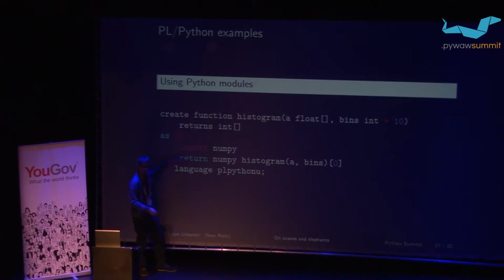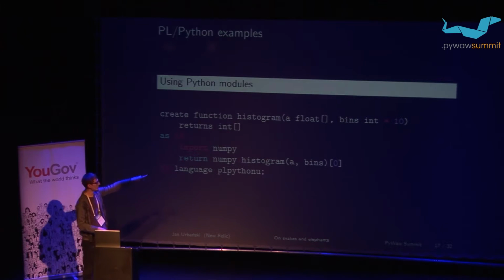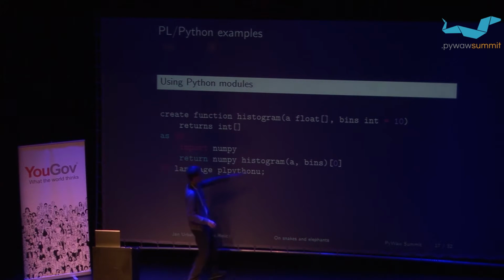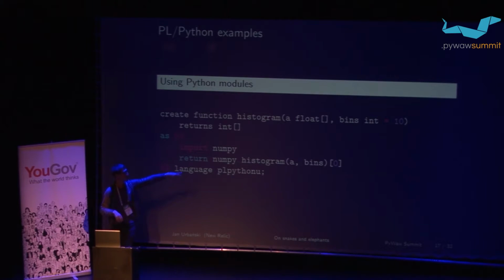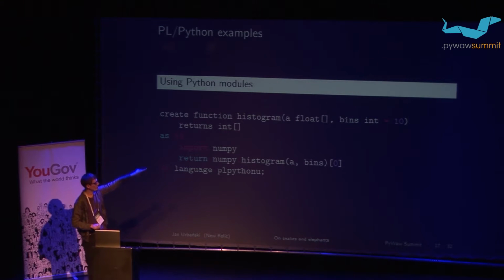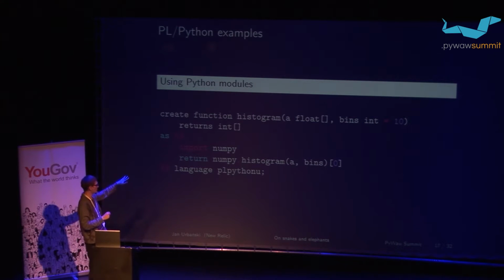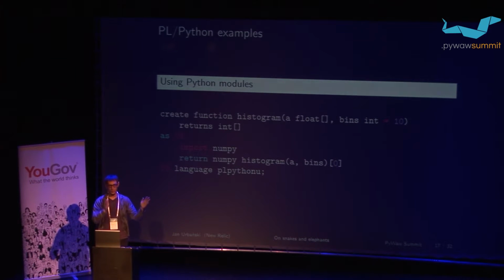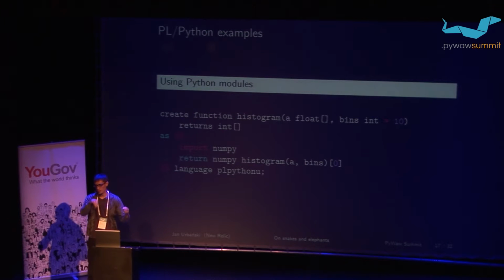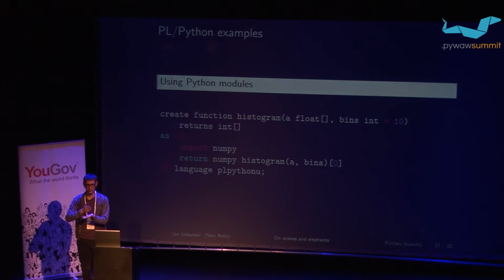Between those, we're speaking Python. So this is our text. This is what's going to be executed. And we just import NumPy. We get a histogram. And as you can see, a and bins just appeared in the program, because Postgres will inject those as globals to this script. So I tell it, give me a histogram of the array with the bins, and the histogram in NumPy returns the actual number of things in each bucket and the boundaries, I think.